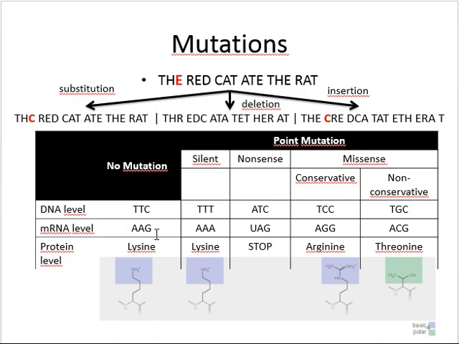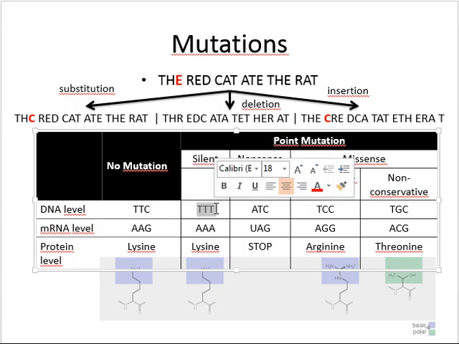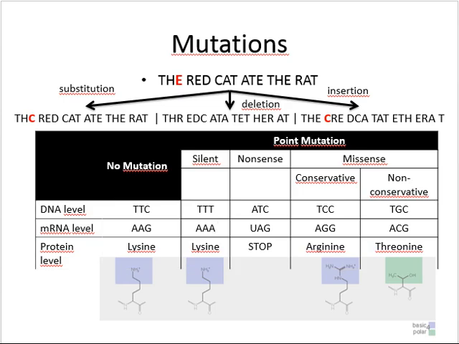If you have a substitution from the C into the T in the last codon place, you have a transcription into AAA, and it still codes for a lysine. So you have a silent mutation.